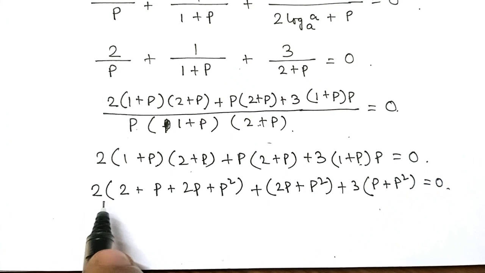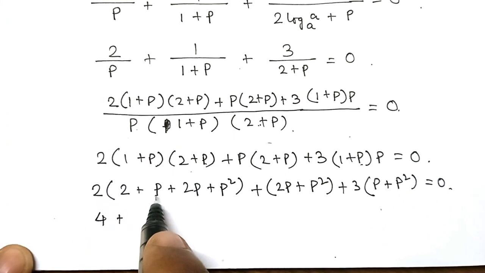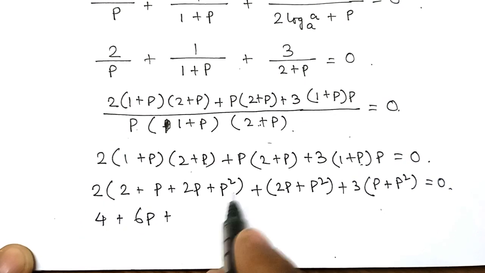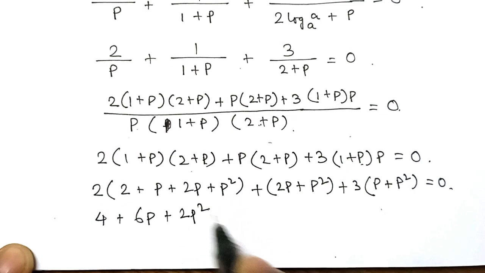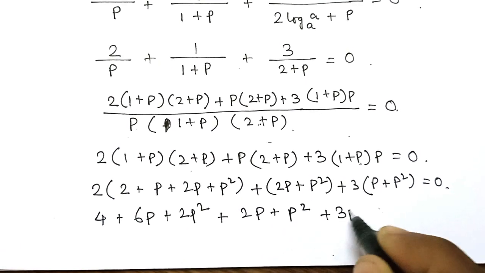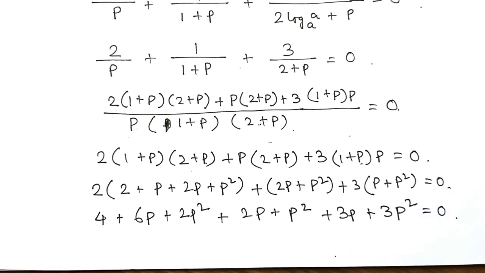Further we will multiply this. 2 into 2 is 4 plus 2 into p plus 2p is 3p into 2 is 6p plus 2 into p square is 2p square, 2p plus p square plus 3p plus 3p square is equal to 0.